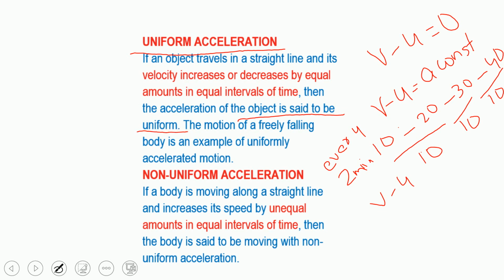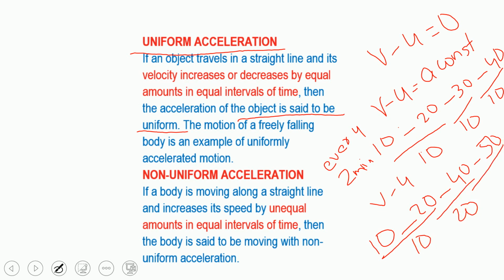Now the next case. Every 2 minutes, first it was 10, then 20, then 40, then 50, going like this. Look, the first interval is 10, the second interval is 20, the next interval is 10. Here, in equal intervals of time, the change in velocity is not equal.